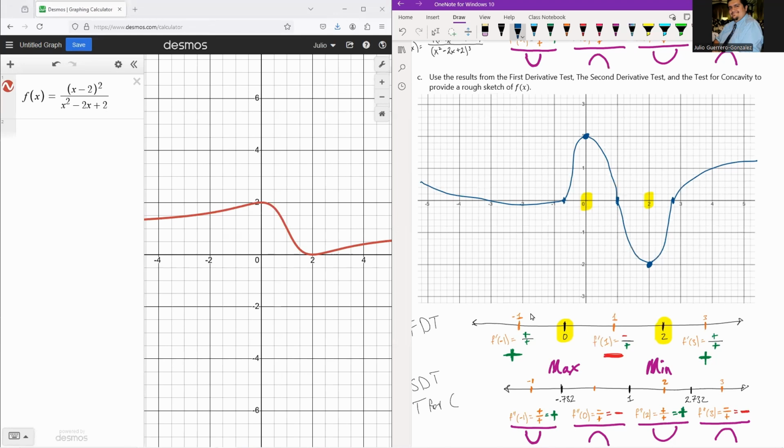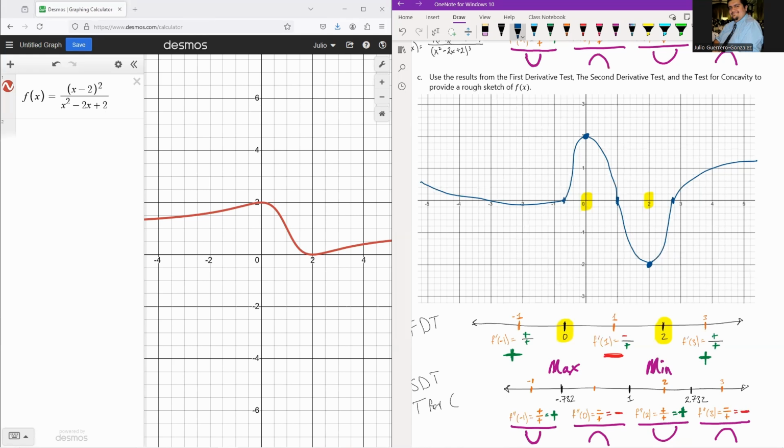My graph is not too far off, barring the exactness of the points, which, like I said, if we wanted to find the actual values of these points, the maximums and minimums and the inflection points, I can grab those values and throw them back into f of x, and they give me the actual values that I need, right? But like I said, I'm only looking for a rough sketch. Only looking for a rough sketch, okay?